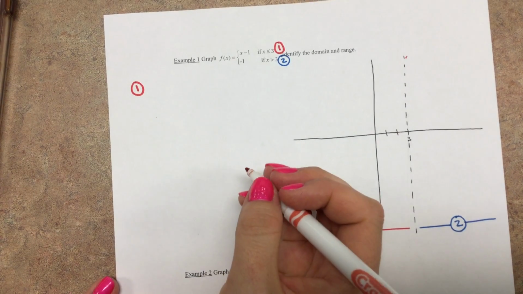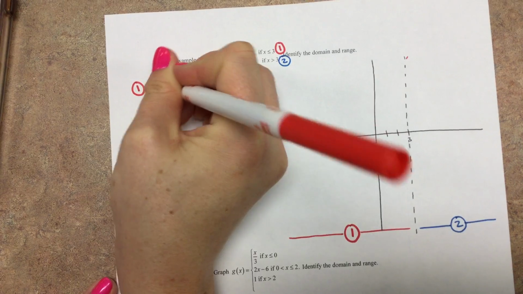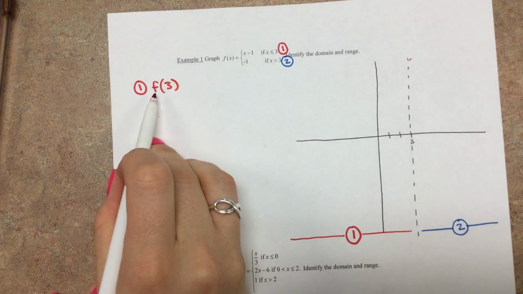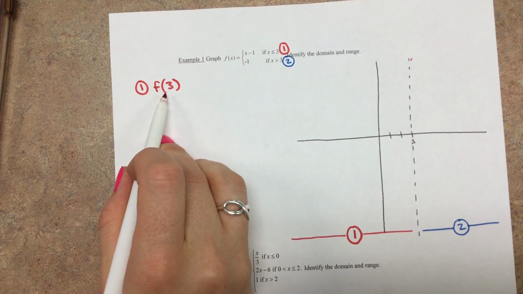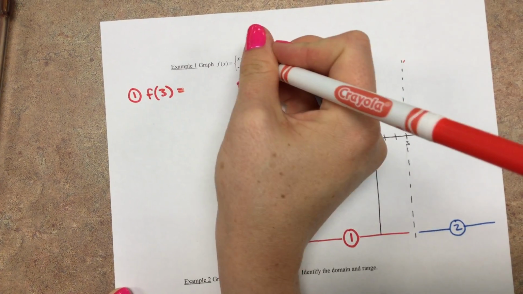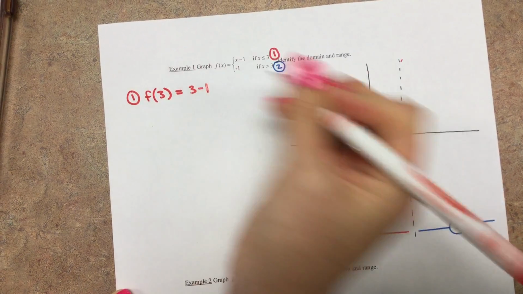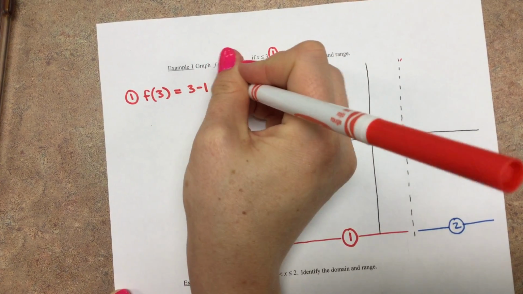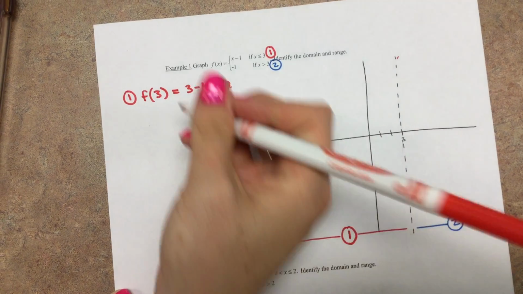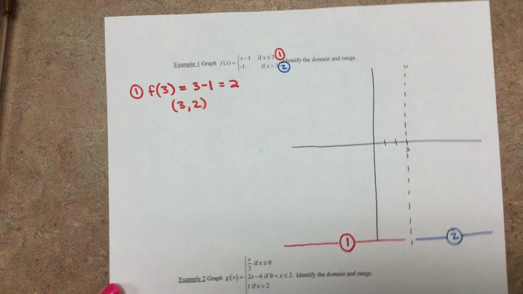So we are going to plug in 3. So this is saying we're going into the function and we're going to plug in 3. So that's first going into this one. So the graph is x minus 1. So when we plug in the 3, it becomes 3 minus 1. And of course, that gives us 2. So that turns into an ordered pair. So that's the very first ordered pair that we're going to plot is 3, 2.